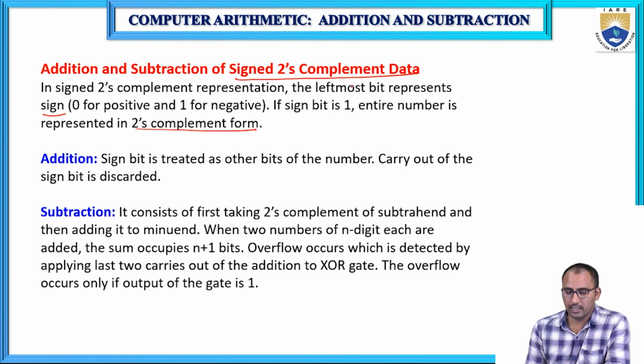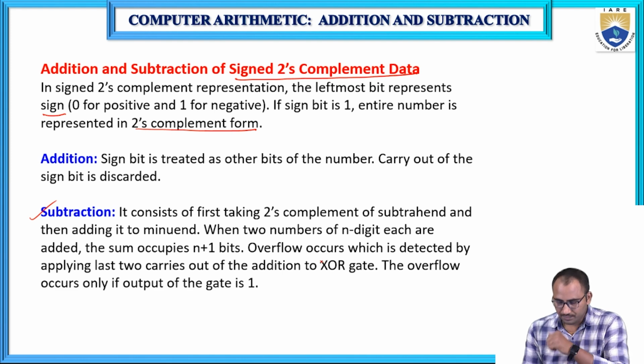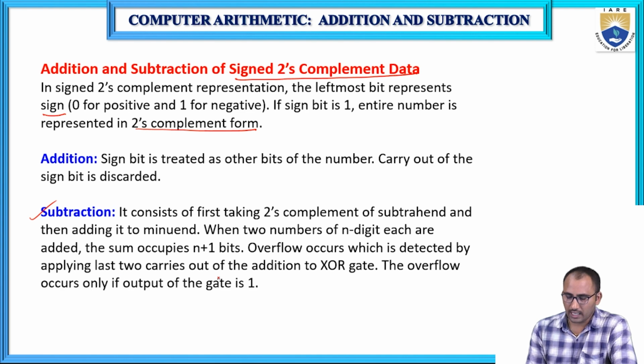In 2's complement addition, if any carry is generated, that carry can be discarded. Subtraction consists of first taking the 2's complement of the subtrahend and then adding it to the minuend. When two numbers of n digits are added, the sum occupies n plus 1 bits. Overflow occurs, which is detected by applying the last two carries out of the adder to an XOR gate. The overflow occurs only if the output of the gate is 1.